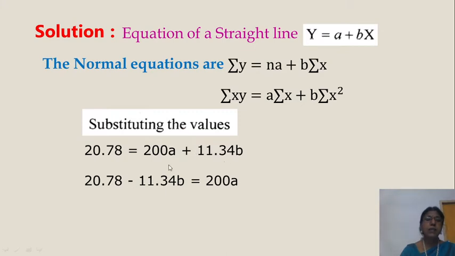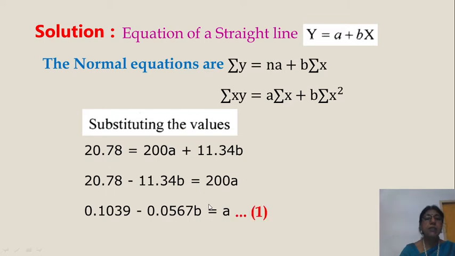So from the first equation, 200a is equal to 20.78 minus 11.34b. Dividing both sides by 200, we get a is equal to 0.1039 minus 0.0567b. This is from the first equation.